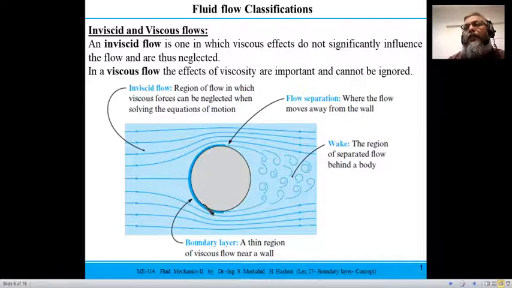And as we see at some point here, the streamlines are following the contour of the body, but at some point they detach from the contour of the body, and that point is called flow separation.